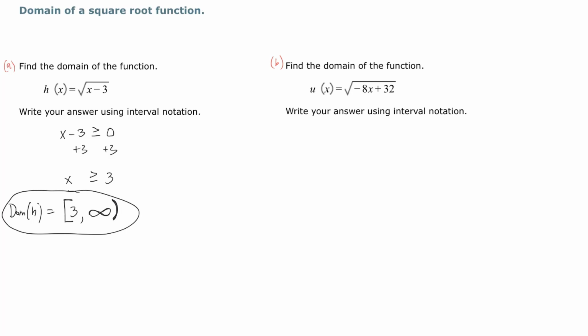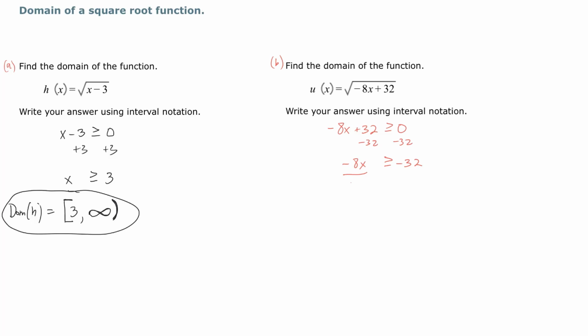Now we have a function named u of x, but it's also a radical function. Once again, you can only take the square root of positive numbers or equal to 0. So write negative 8x plus 32 greater than or equal to 0. Subtract 32 from both sides, and we get negative 8 times x is greater than or equal to negative 32.